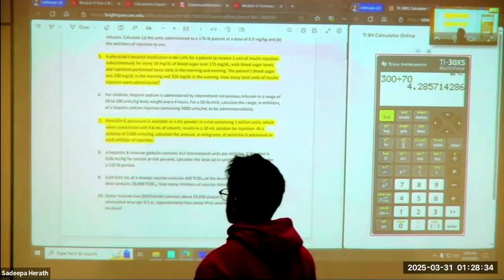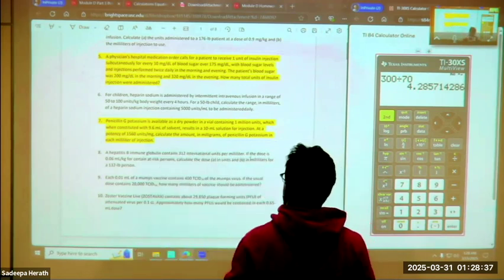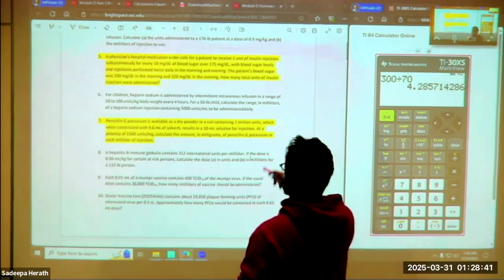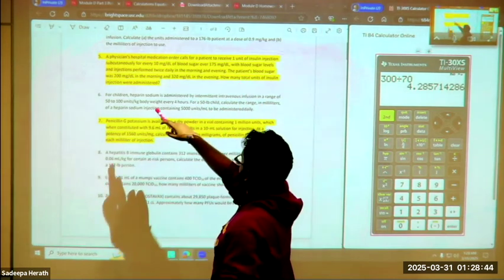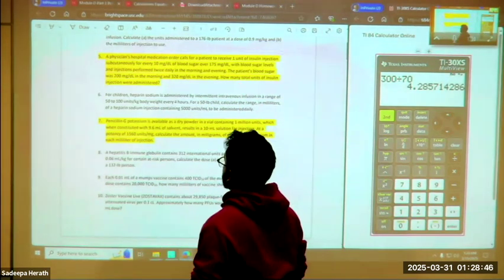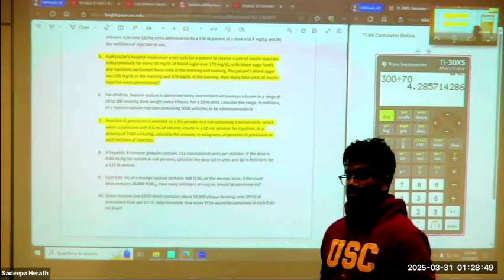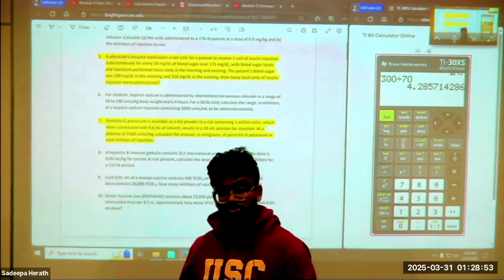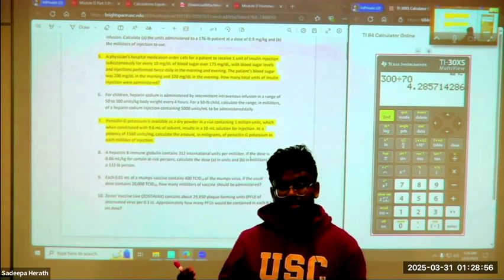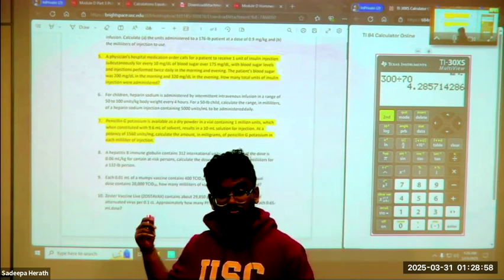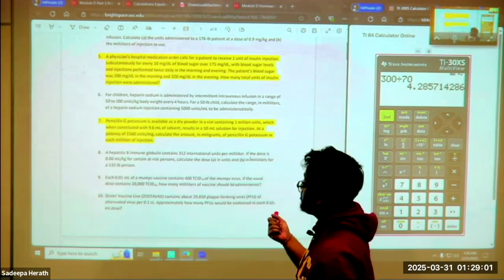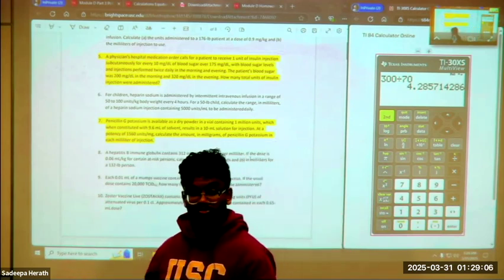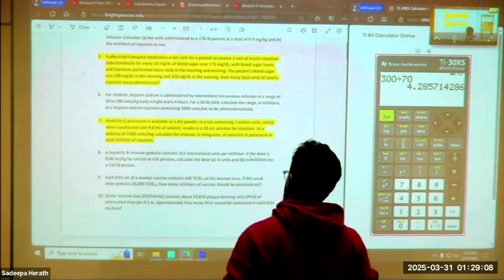So how do we go about this? The patient's blood sugar was 200 milligrams per deciliter in the morning, which is over 175. We should find out how much over, and then divide that by 10 milligrams per deciliter to find out how many units were administered. Writing it out will make more sense.